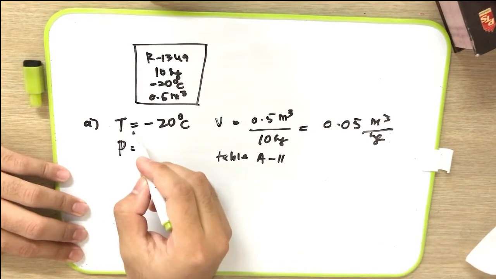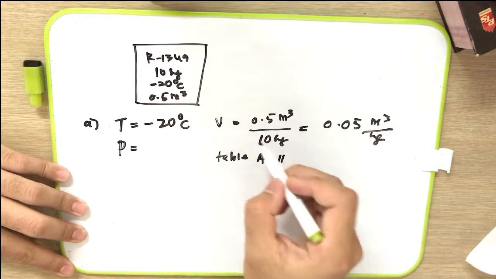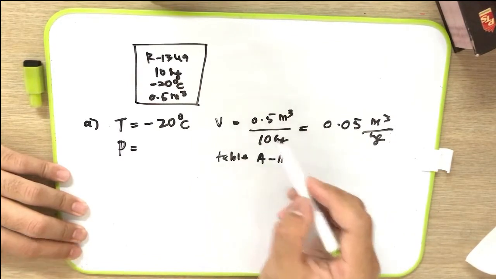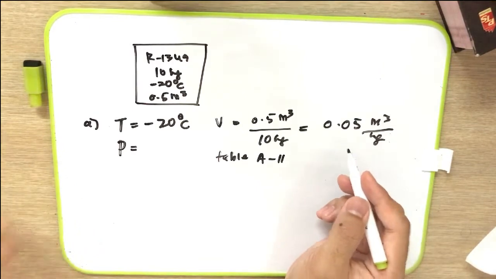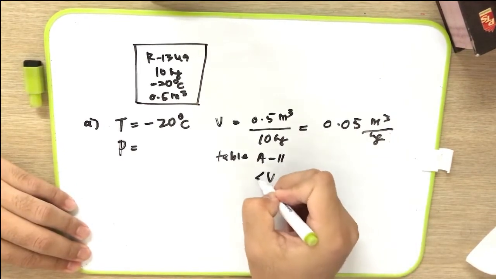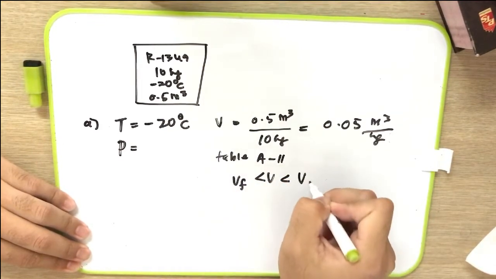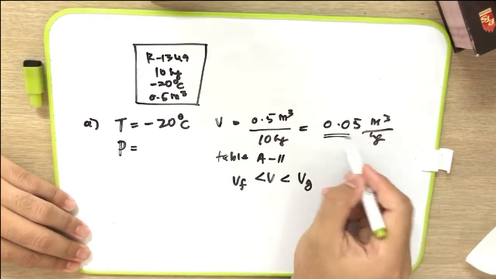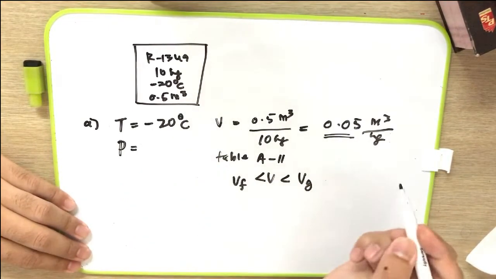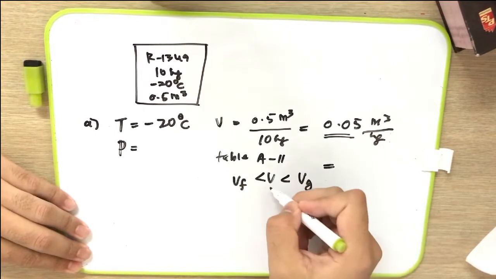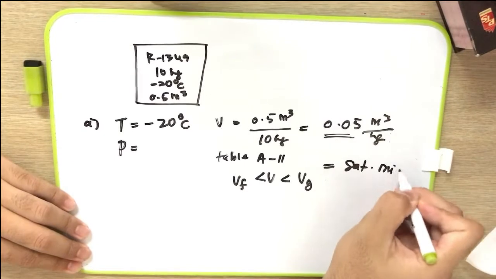At T is equal to negative 20 C, we check whether this v is between vf and vg or not. After we have checked, v is between vf and also vg at T is equal to negative 20. So when it is between, according to the phase condition, it is saturated mixture.